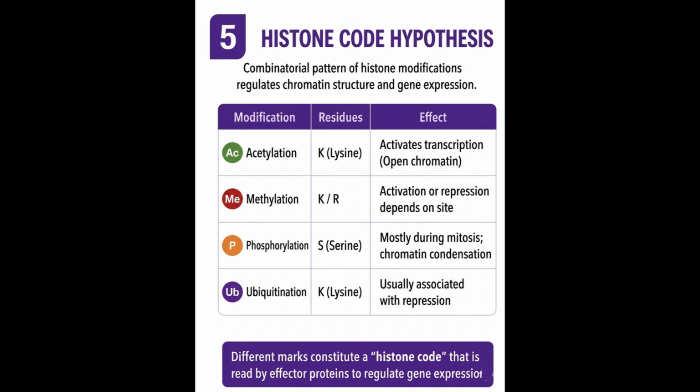Phosphorylation is commonly associated with chromatin condensation during mitosis, while ubiquitination participates in transcriptional regulation. These modifications are recognized by specific effector proteins that recruit transcription machinery or silencing complexes. Therefore, histone modifications function as epigenetic signals controlling genome activity.